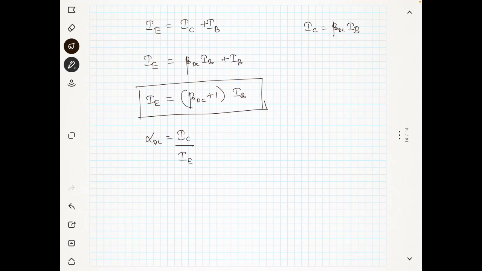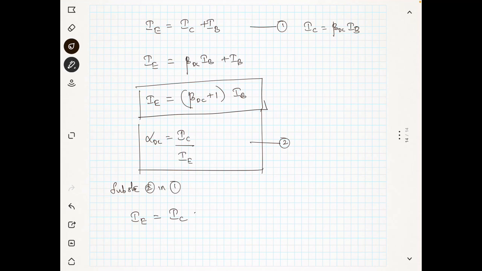Now we can substitute this in equation 1. Substitute 2 in 1, what will happen? You have IE equal to IC plus IB, and from this relation, IC is equal to alpha DC times IE.